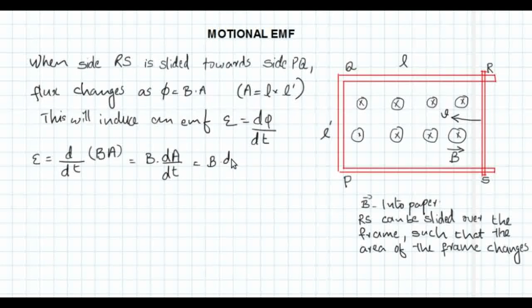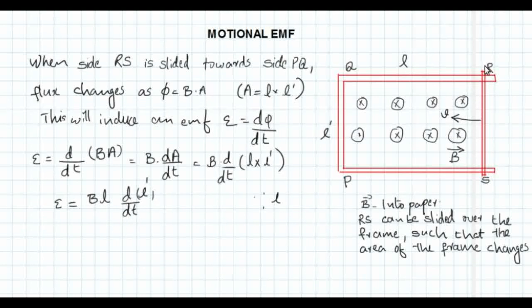And again there is one more point. Area changes means it is this length which is changing. Actually it should be L dash. So there is a small correction needed. For the side PQ you take it as L, and for the side QR take it as L dash. So L dash changes, right? That is why it is written as B L into d by dt of L dash.